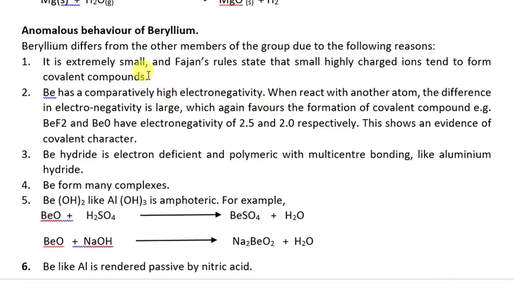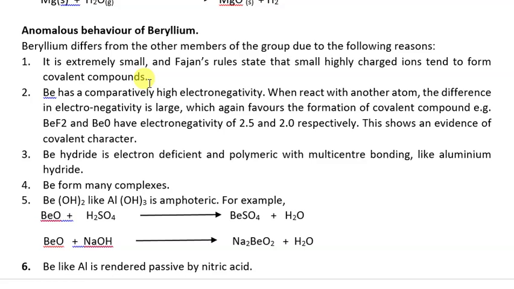First, it is extremely small. Fajans' rule states that small highly charged ions tend to form covalent compounds. So the compounds formed between beryllium and any of the nearby elements, these compounds are covalent in nature.